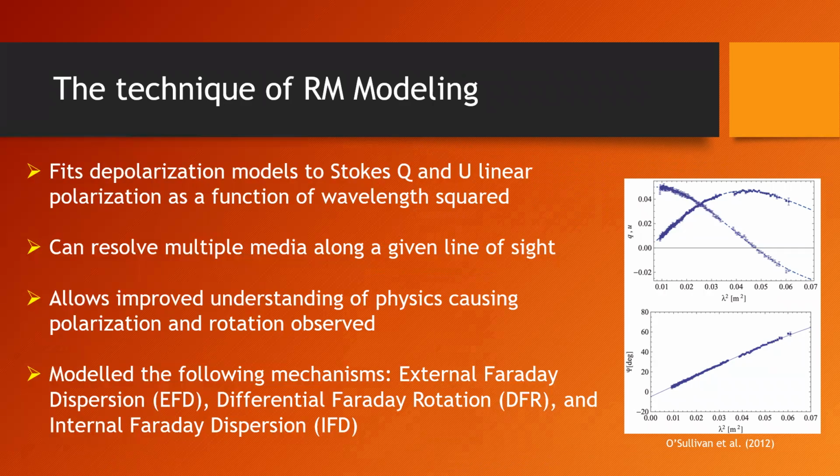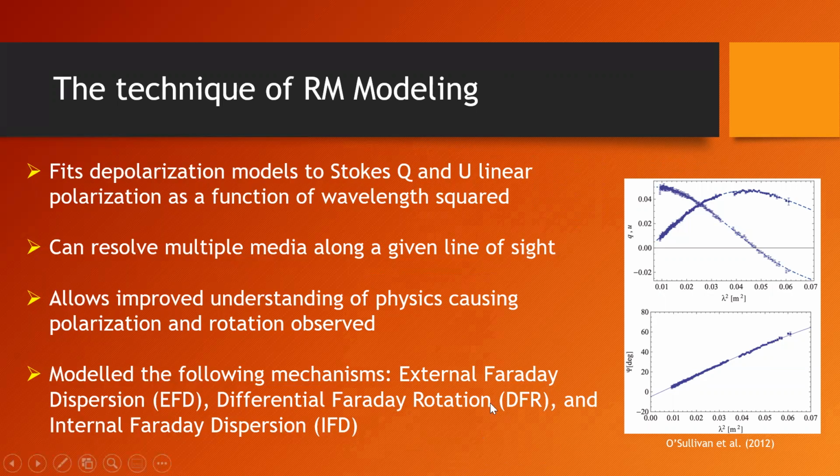And doing this method allows us to model for multiple different effects along each line of sight, which we would expect to be the case towards the radio arc since it's within the galactic center and we're observing it through both portions of the galactic center as well as multiple spiral arms. So doing this kind of modeling grants us improved understanding of some of the physics that are causing the polarization and properties that we're observing for the radio arc.